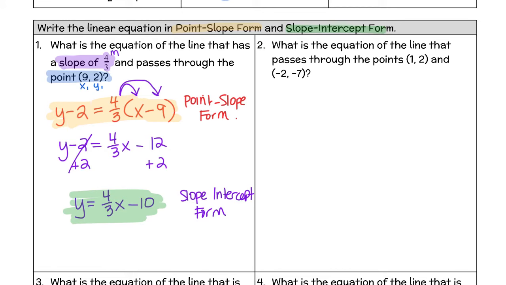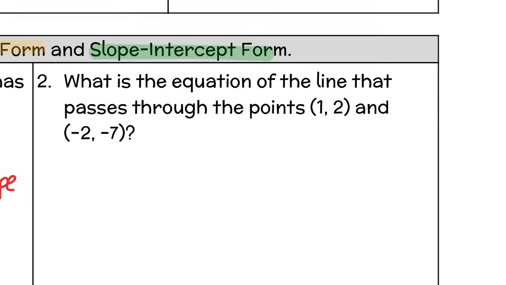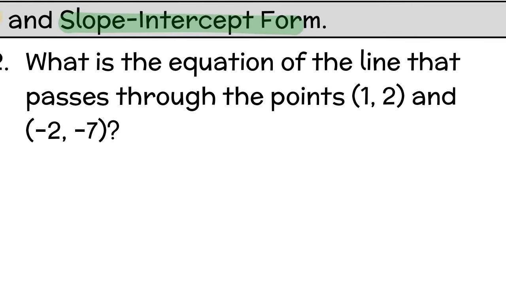Okay, now let's look at the next problem. What is the equation of the line that passes through the points (1, 2) and (-2, -7)? So this time they didn't give us the slope. We're going to have to figure that out on our own. So for this first point, I'm going to call that one x1, y1.